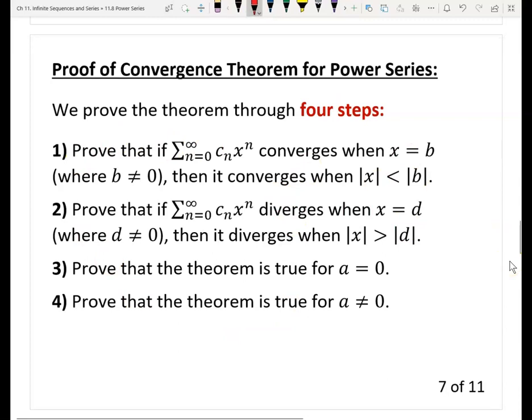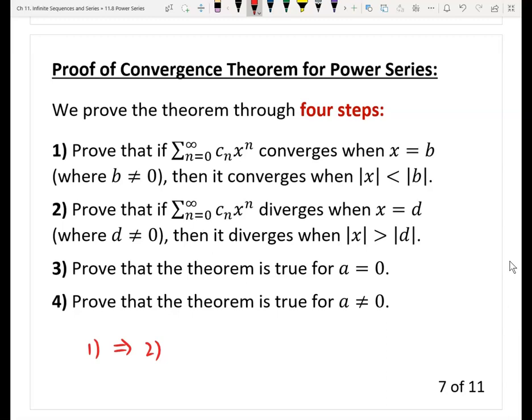Okay, so we are going to do this. First we prove 1 is true. And then if we prove 1 is true, we can find that 2 is true. We have to use the results from step 1 to prove step 2.